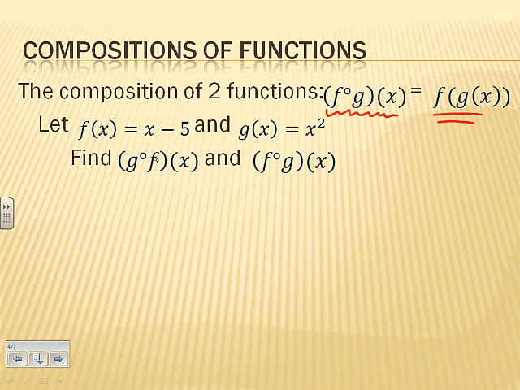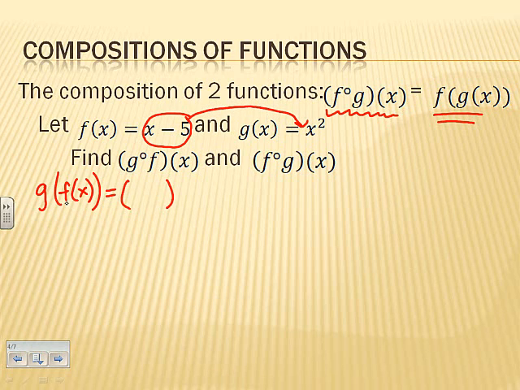So if I want to know what g of f of x is, then I want to take the g function and plug into it the f of x function. So if the g function is x squared, then where there's an x, I'm going to plug in what f of x is. So I take this and I plug it in to the g function.